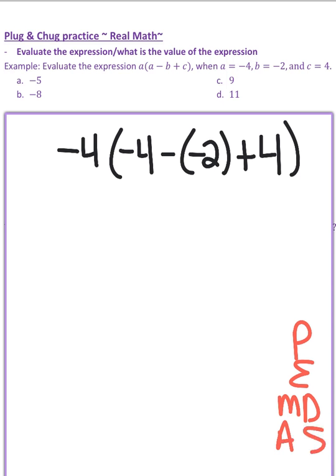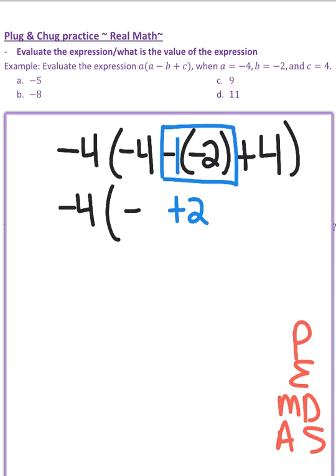So inside my parentheses, which is right here, I have this multiplication, right? I have the double negative sign. So I'm going to box that in blue, and I know that a -1 times a -2 is a +2. And I'm going to bring everything else down that's not inside that box.